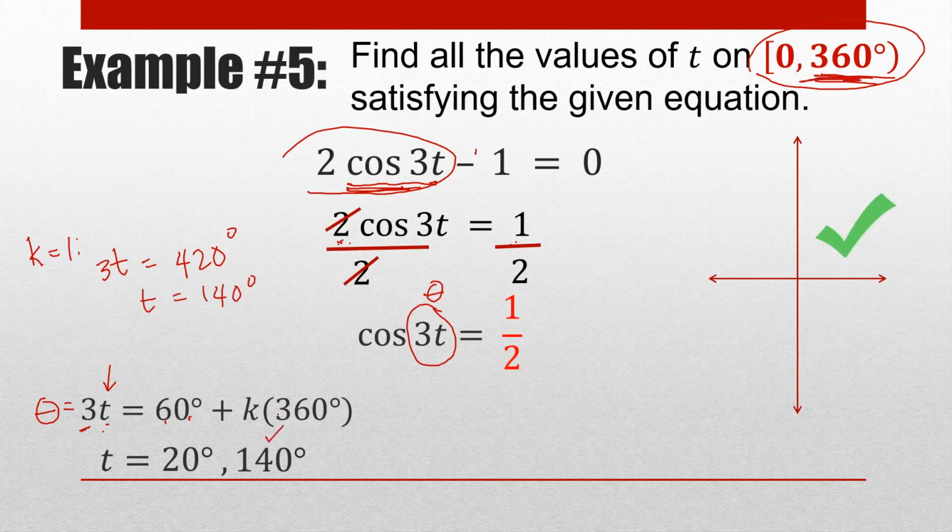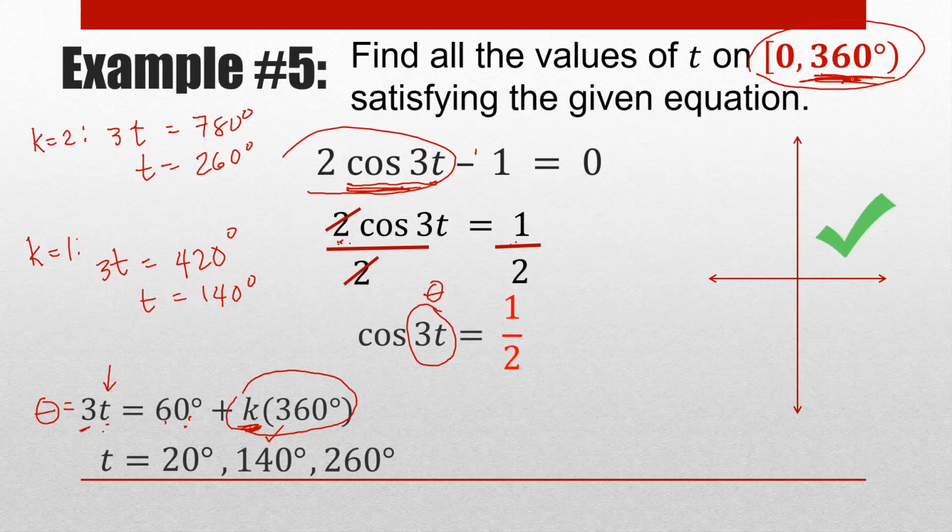What about when k is equal to 2? When k is equal to 2, this factor is 720 plus 60, that will be 780. So, 780 degrees yung 3t natin. If we divide both sides by 3, 780 divided by 3 will be equal to 260 degrees. Pasok pa din dun sa interval.